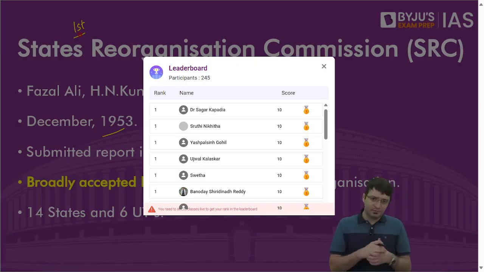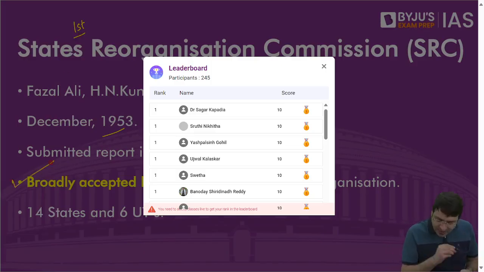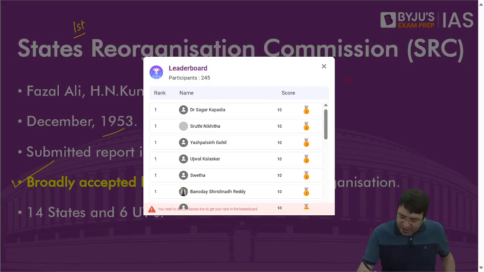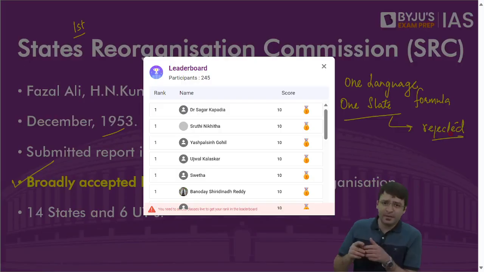And the SRC, or States Reorganization Commission, said, yes, language can be the basis of reorganization, but it rejected the one language, one state formula. What does that mean?